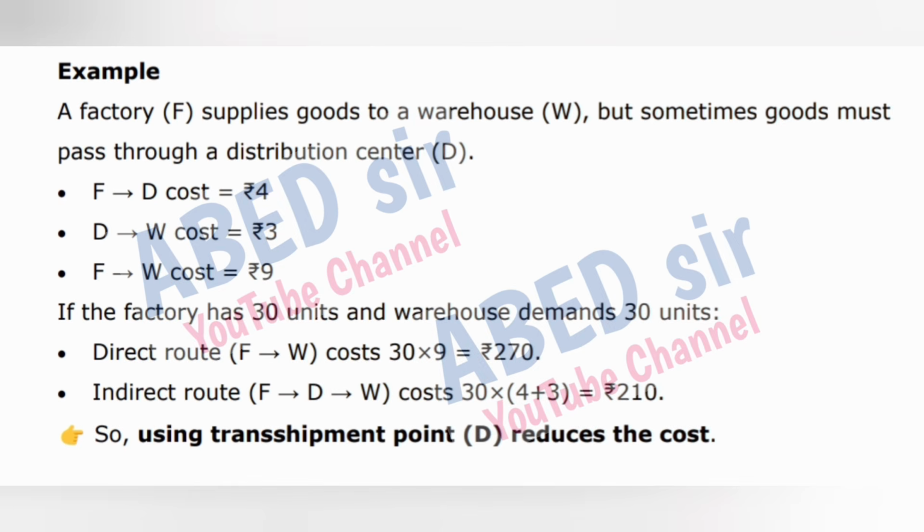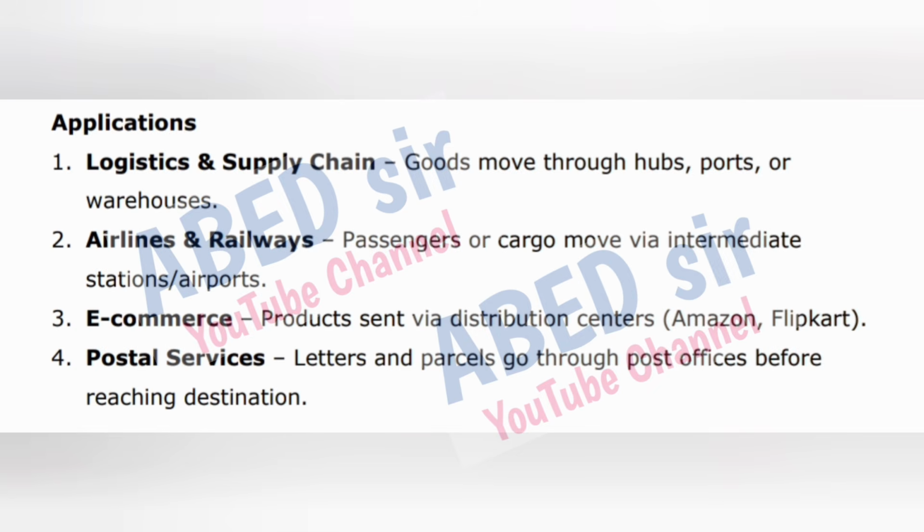If the factory has 30 units and the warehouse demands 30 units, the direct route FW costs 30 times 9 = 270 rupees. The indirect route FDW costs 30 times (4 plus 3) = 210 rupees. So using transshipment point D reduces the cost.